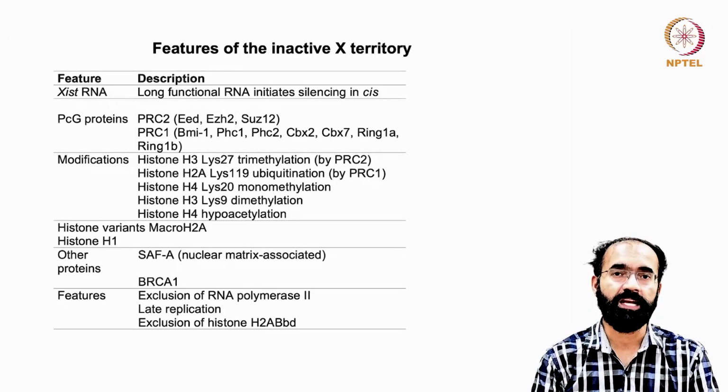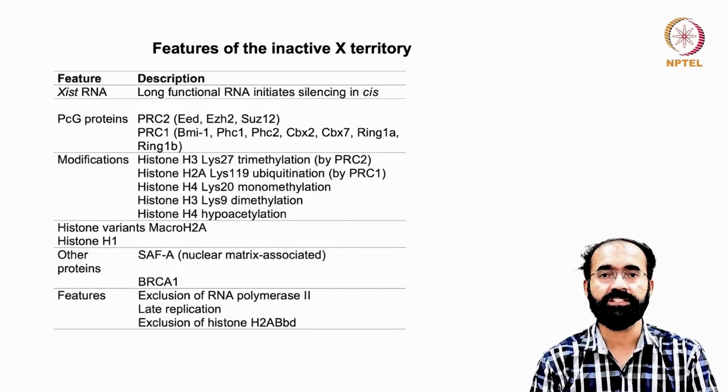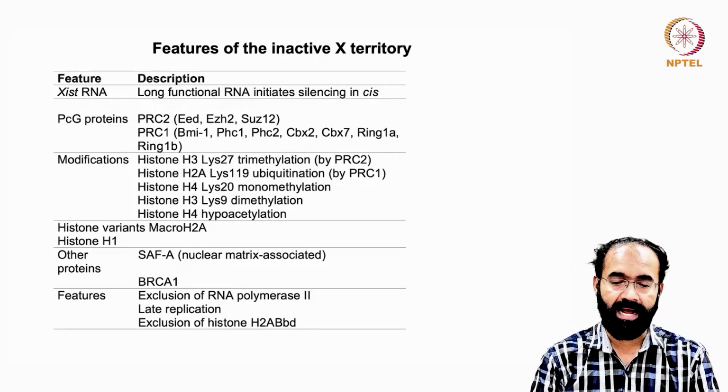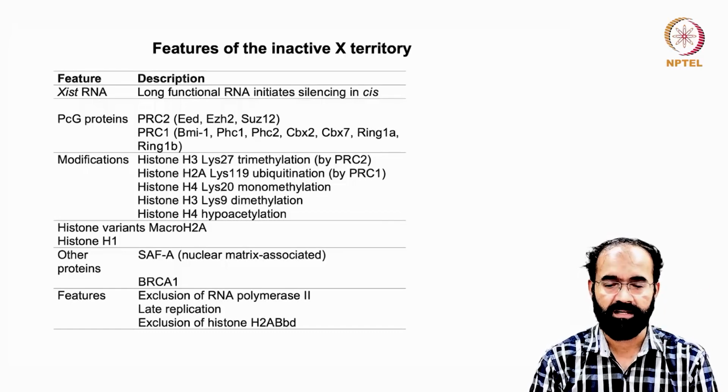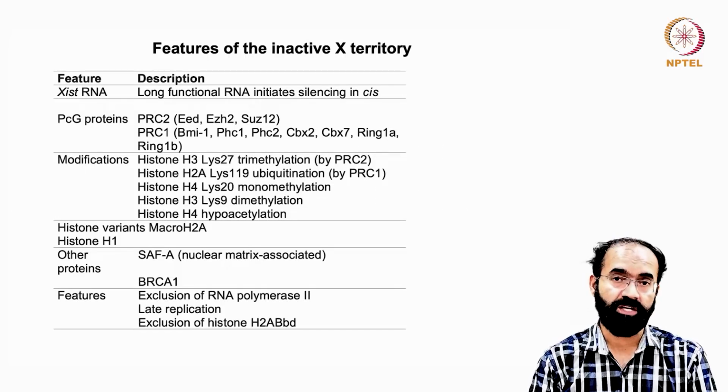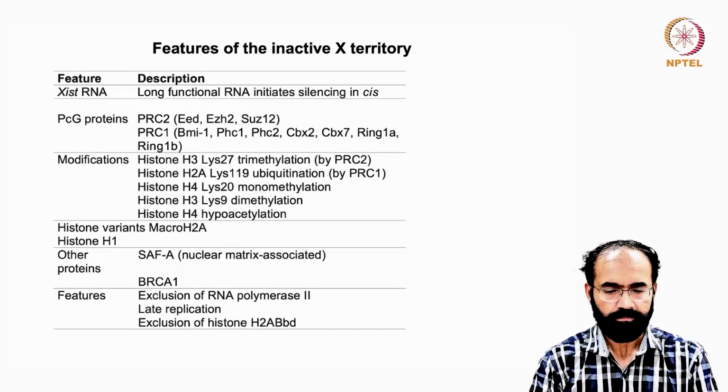Because it replicates very late, once it has just finished replication, no quality control machinery can act on it. So this is what you should keep in mind, and we will see some examples of what implication this late replication has on the mutation rates in the X chromosome.